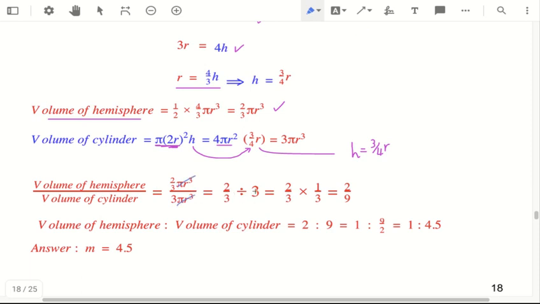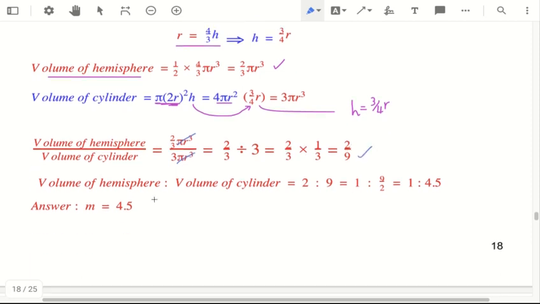So it's 2/3 divided by 3, I get 2/9. So therefore, if I rewrite this as the ratio, volume of hemisphere is 2, volume of cylinder is 9, right? So it's 1:9/2 because I divide the whole thing by 2. So 1:4.5.